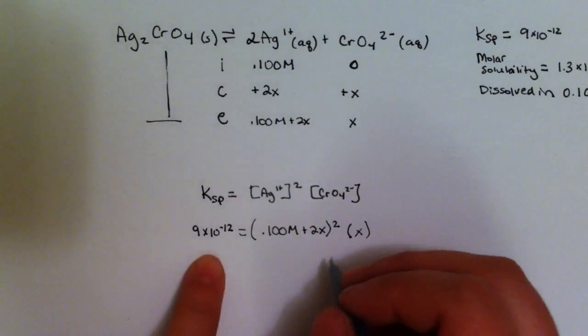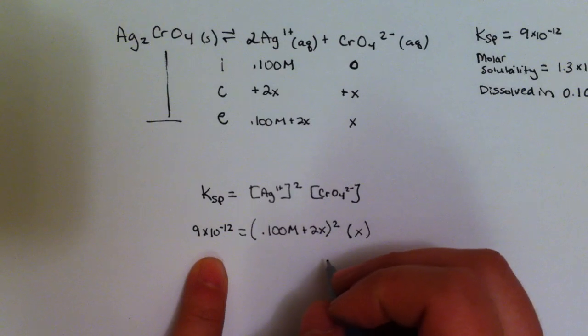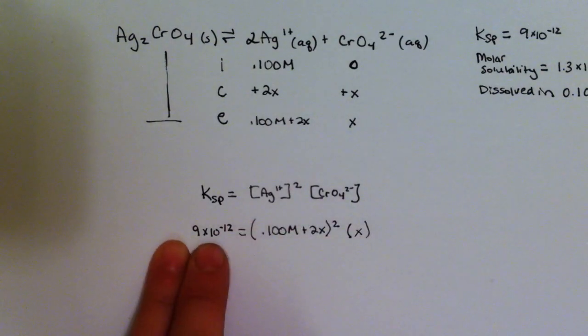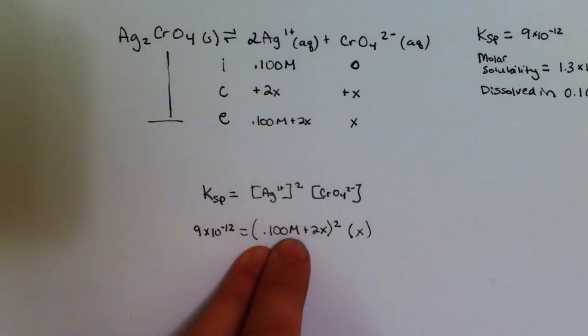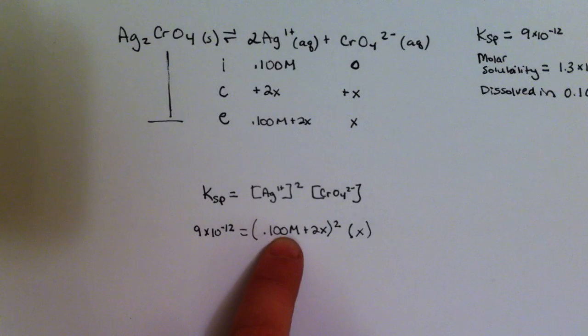We get to do something special in this problem, and that is called neglect the x. Because this number is so small, it's going to end up being less than 5% of the amount of the common ion dissolved. Okay, so 5% of 0.1, I think is going to be 0.005, or maybe even less than that.